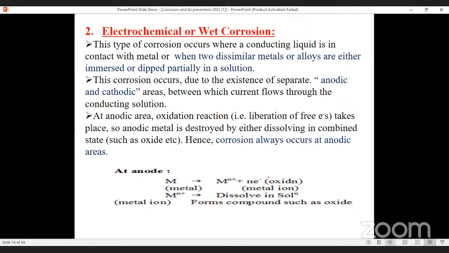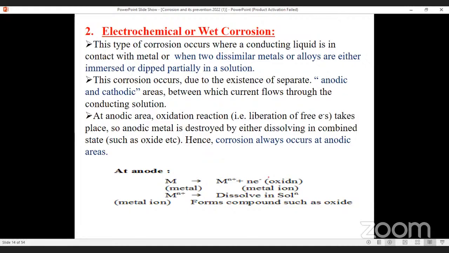Right, coming to electrochemical or wet corrosion. This is a type of corrosion. Wet corrosion, you may simply remember, involves electrochemical reactions.